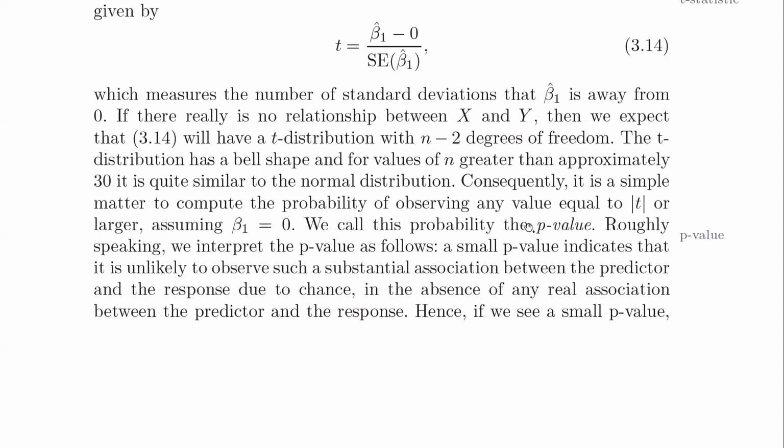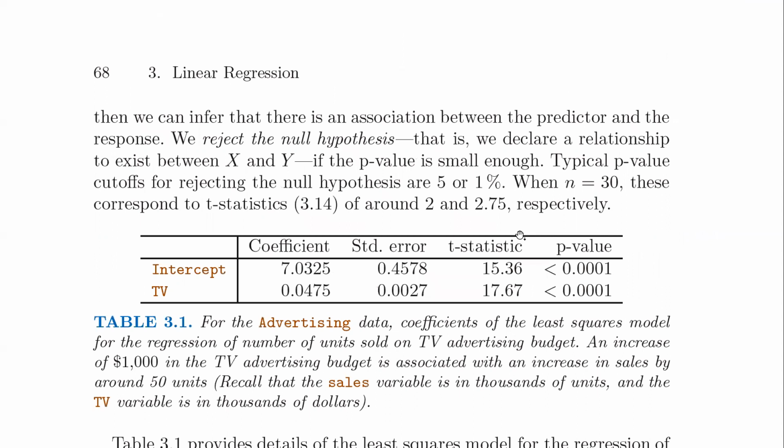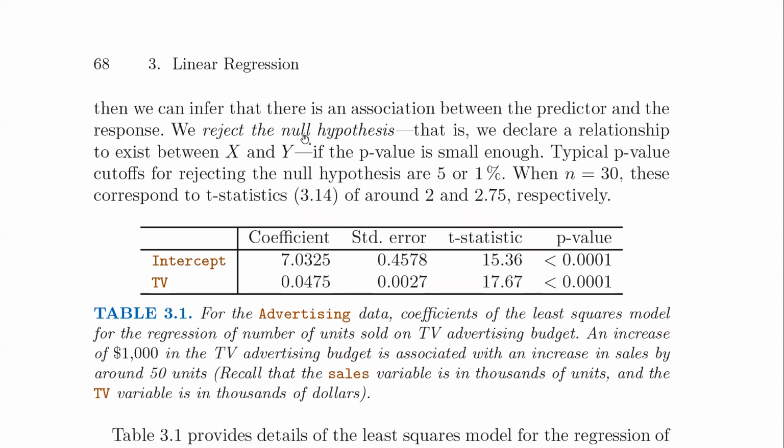We reject the null hypothesis. So what's the opposite of the null hypothesis? That there is a relationship between x and y, if the p-value is small enough. Typical p-value cutoffs for rejecting the null hypothesis are 5 or 1%.